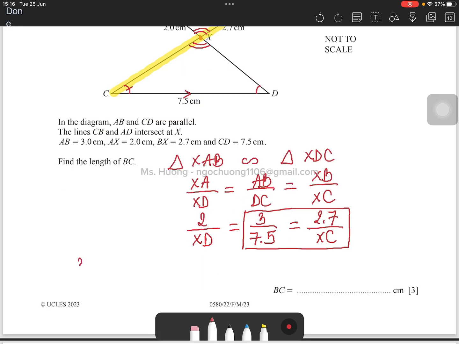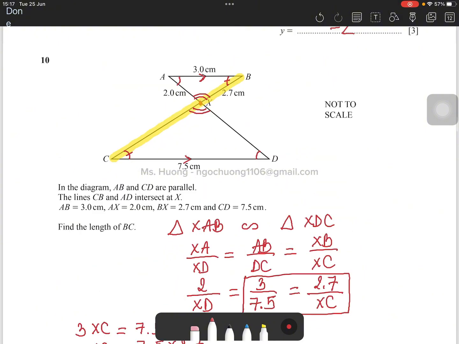First, we cross multiply: 3 multiplied by XC equals 7.5 times 2.7. And then to find the value of XC, we divide the right-hand side by 3. And to find the length of BC, we need to add XB and XC together.